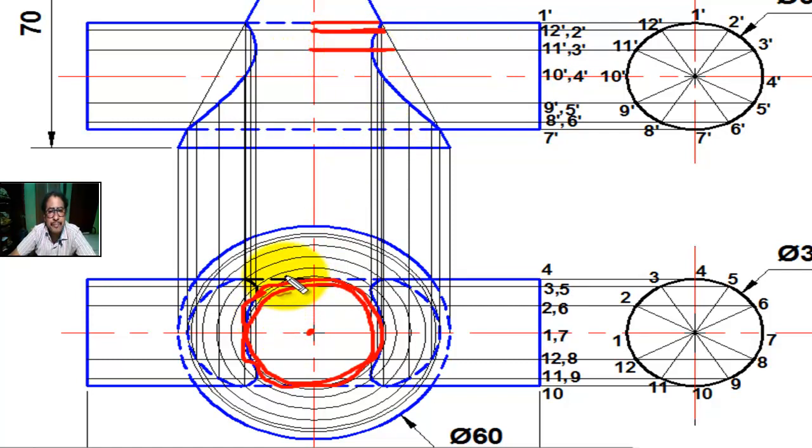With this radius we draw a circle on top view. This is 4 dash and 10 dash. With this radius we draw a circle on top view.